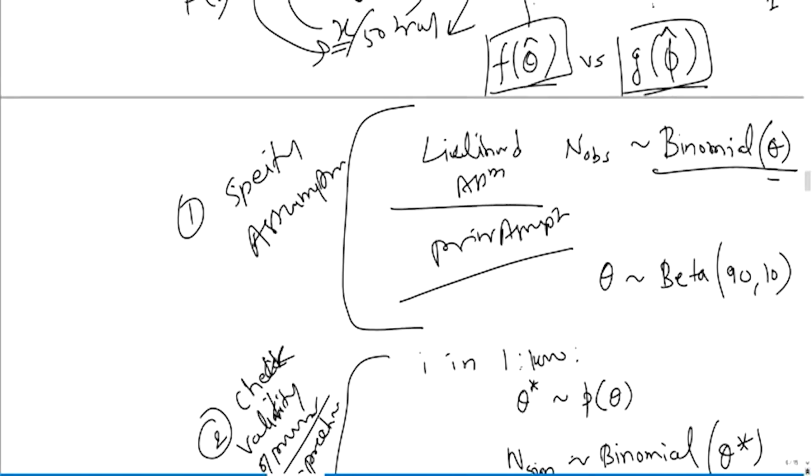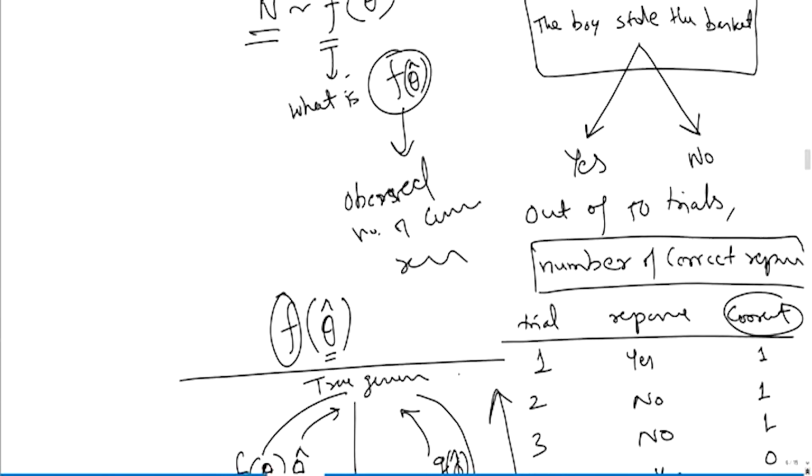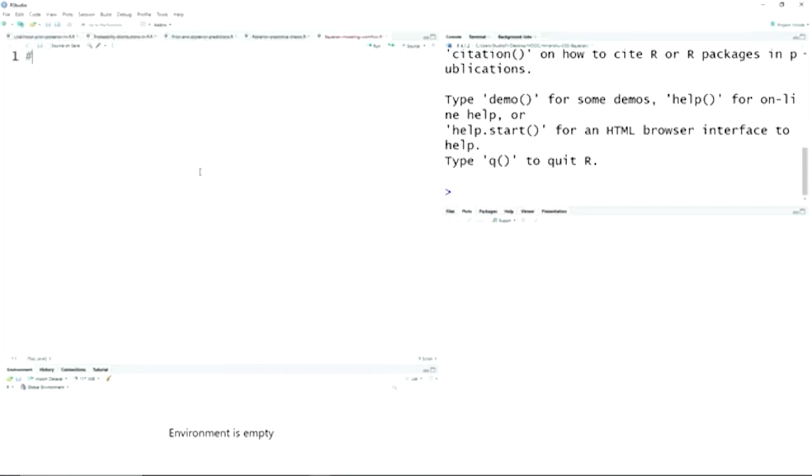Now how do we implement this in R? Let us take a quick example about the number of correct responses and see how we implement this in R. Your likelihood assumption is that the number of correct responses comes from a binomial distribution with underlying probability of correct response being theta, where theta has a beta 90-10 prior.